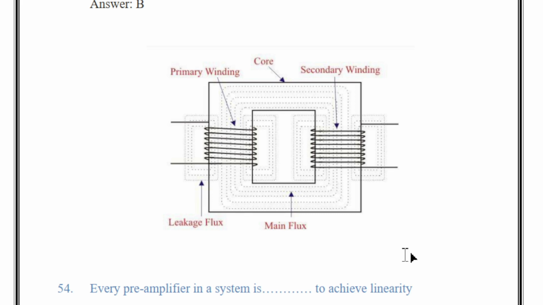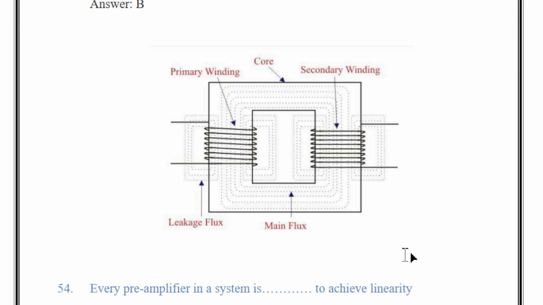This magnetic flux travels through the core of the transformer and induces an EMF in the secondary winding. The leakage flux is that which does not travel through the core all along but is primarily lost in the air adjacent to the winding.